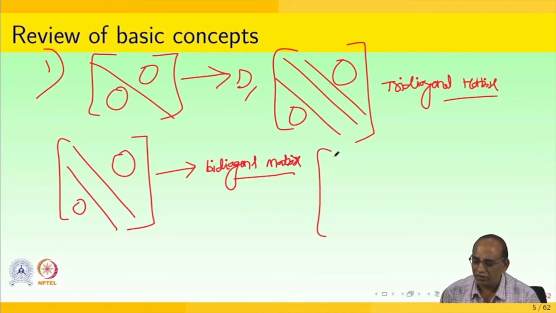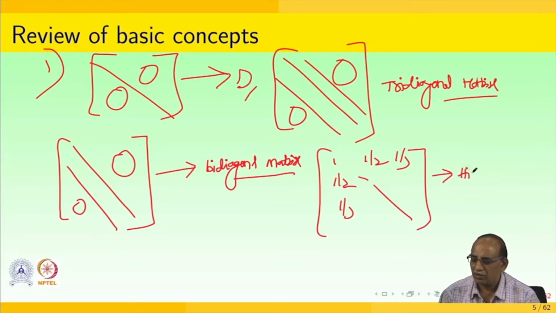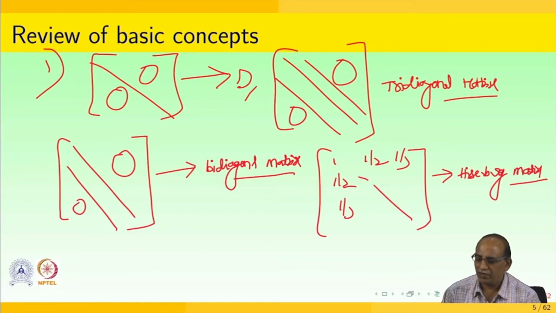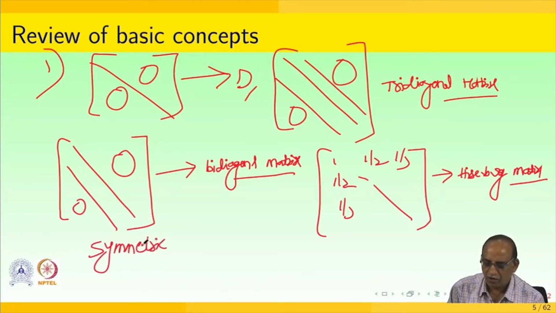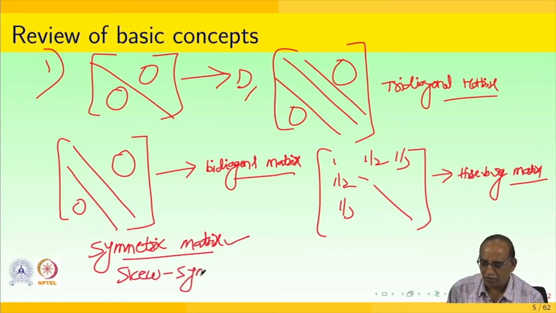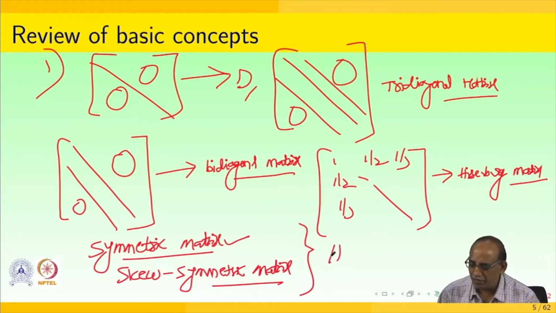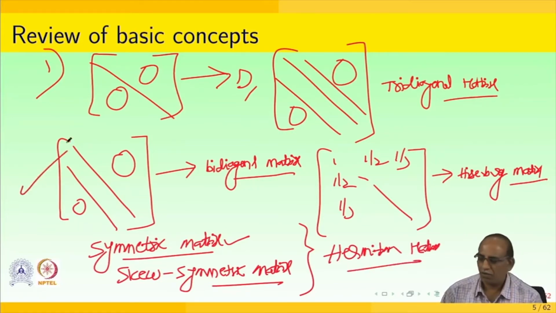Then you will have a Hessenberg matrix. Then you will have a symmetric matrix, a skew symmetric matrix, a Hermitian matrix. There are many more matrices like this.